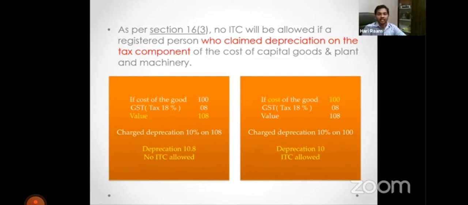I charge the depreciation on 108 rupees, then my depreciation is 10.8. In this case, I am not eligible to take credit, because section 16 says so. In the other situation, if I charge the depreciation on the cost and not on the value of 108, my depreciation is 10 rupees, not 10.8. Here I am eligible to take ITC.